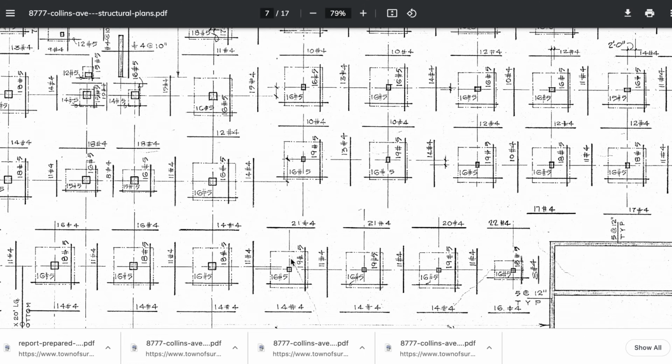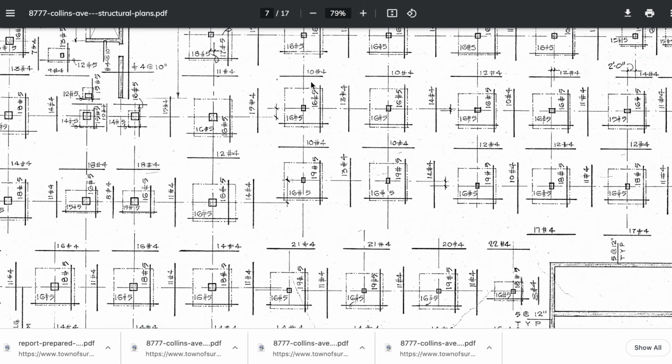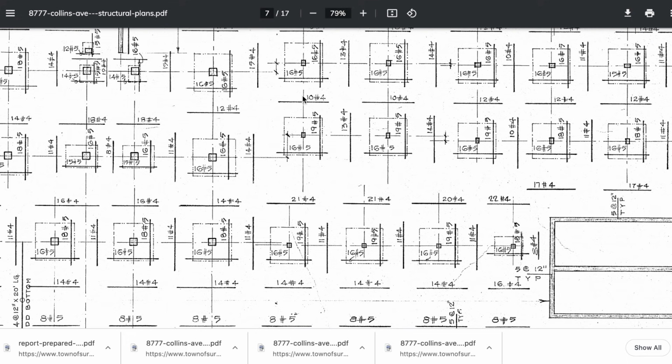So that would make sense that the stresses would be greater between here and here. My bias. So I'm going to support my bias. The distance, it would be stronger between here and here. They're shorter spans considering the reinforcement is just about the same, and that's what it looks like. Yeah, the reinforcement's the same, but the distance is significantly greater from this center line to this center line, and from here to here.